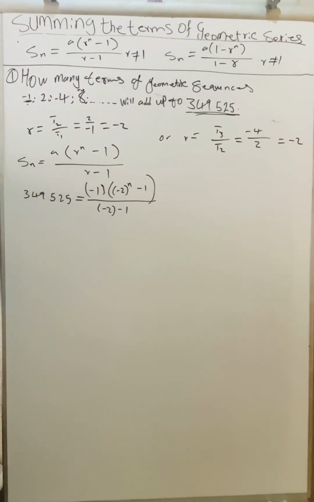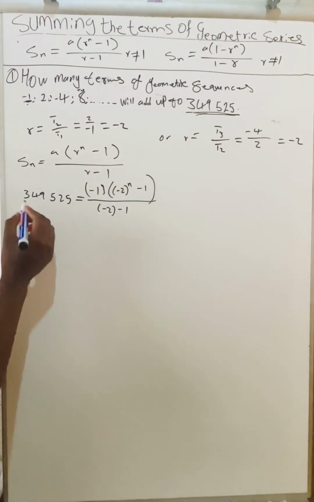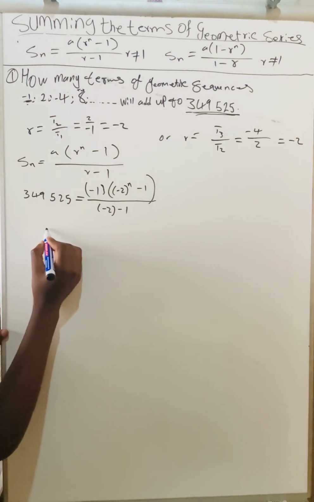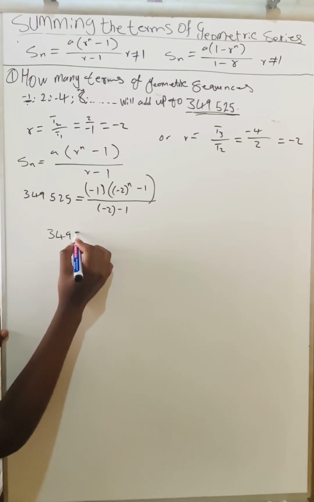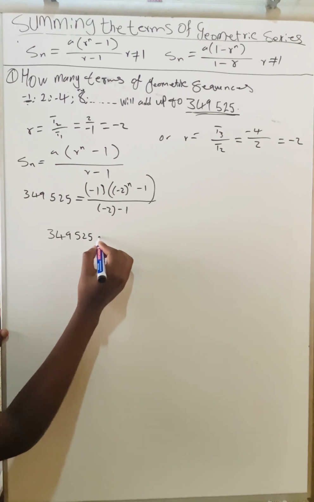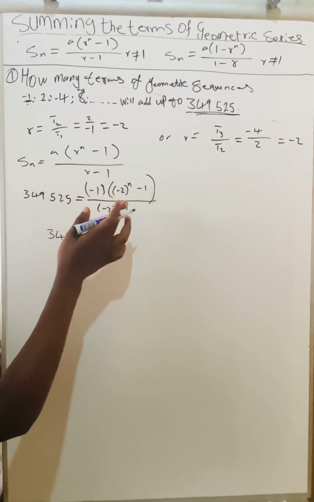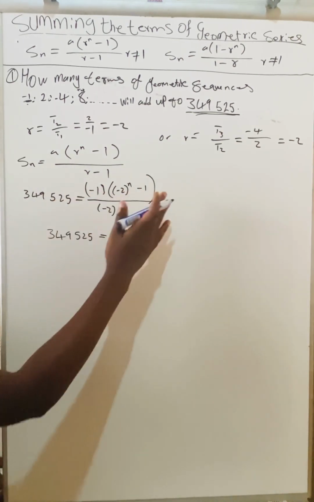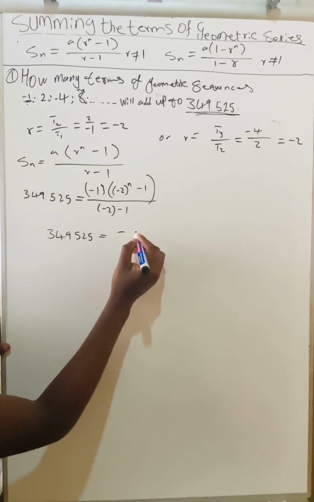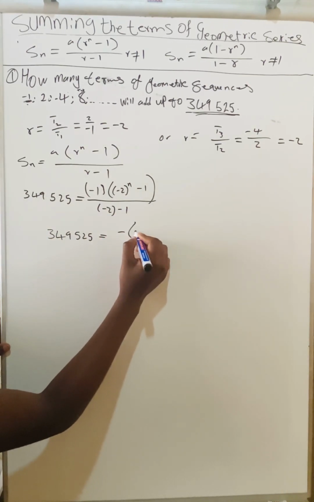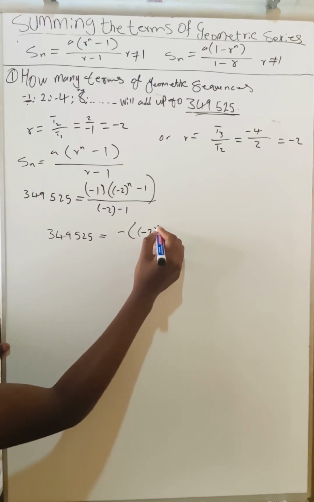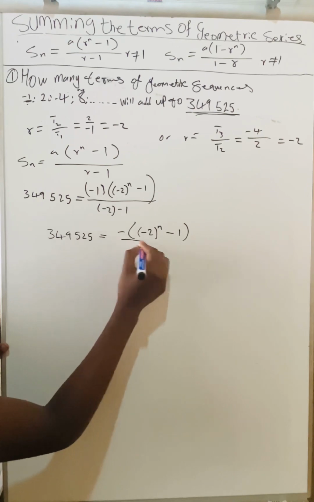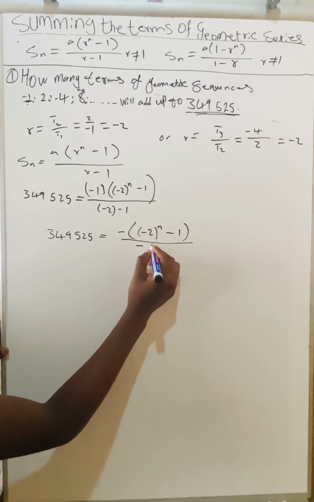From here, we do maths. It's just a matter of applying mathematics. You just write 3495025 is equal to this one. When we multiply, you can just say negative, times the bracket (negative 2)^n minus 1, close the brackets, over negative 3.